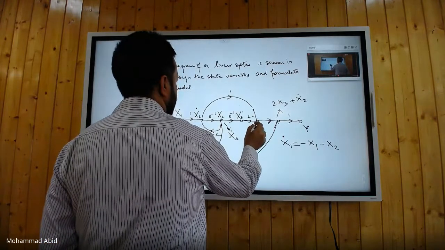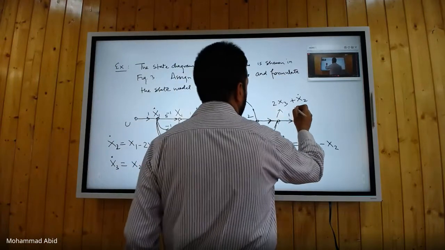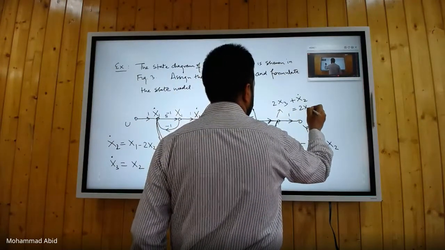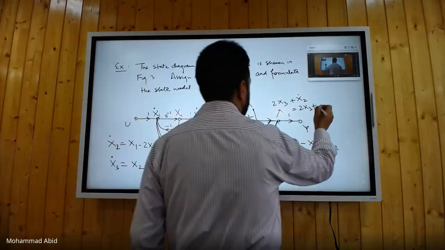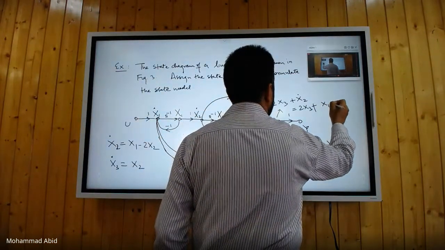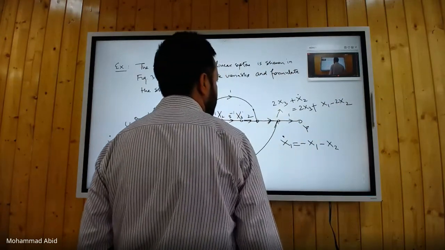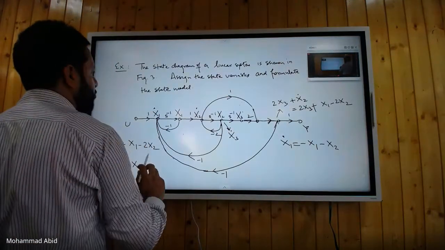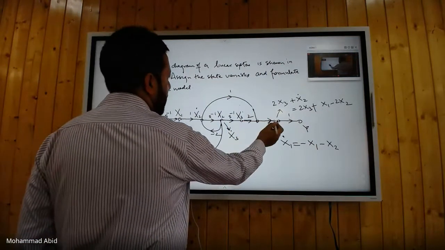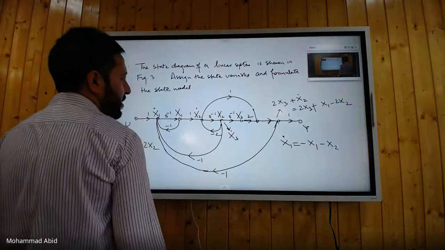Are you getting me? Yes, sir. So this signal is 2x3 plus x2 dot. And what is x2 dot equal to? That's x1 minus 2x2. Right? The equation for x2 dot is x1 minus 2x2. See, I am writing down the equation for this particular node because I have to multiply it by minus 1.